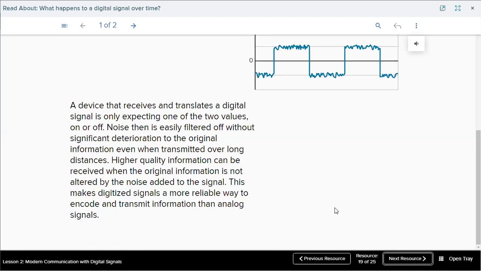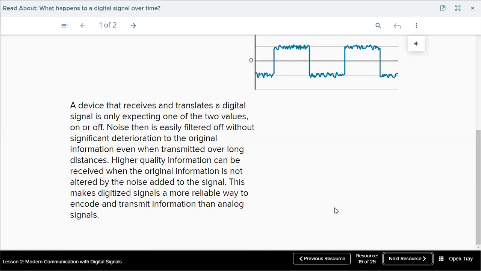Thanks, Muhammad. So a device that receives and translates a digital signal is only expecting one of the two values, on or off. Noise then is easily filtered off without significant deterioration to the original information, even when transmitted over long distances.